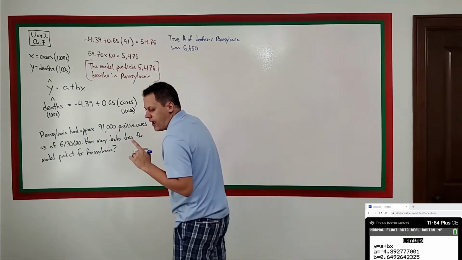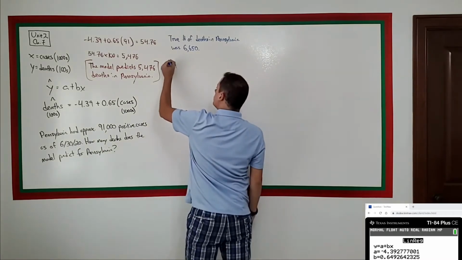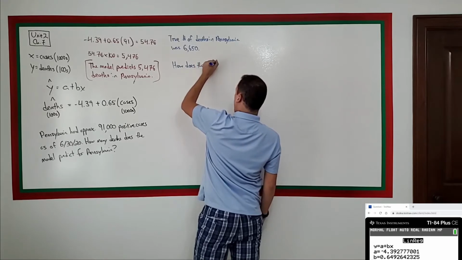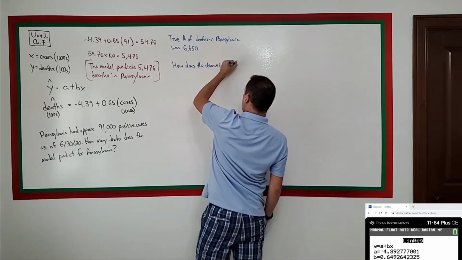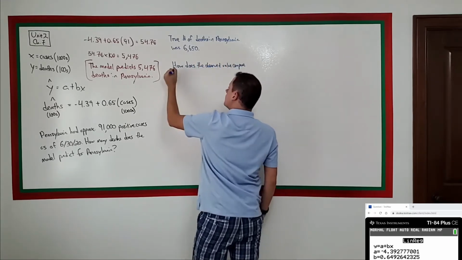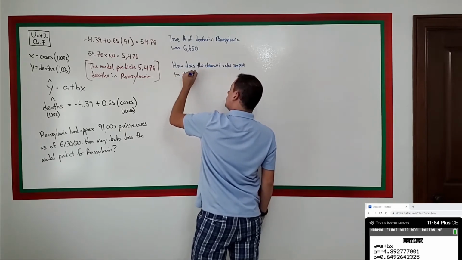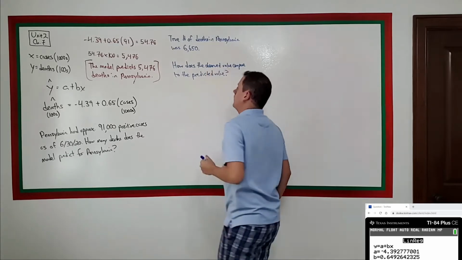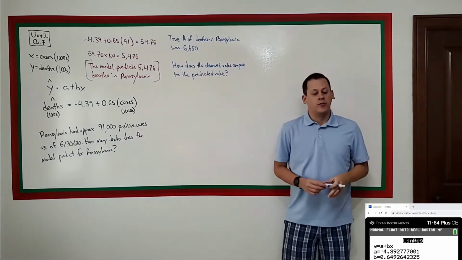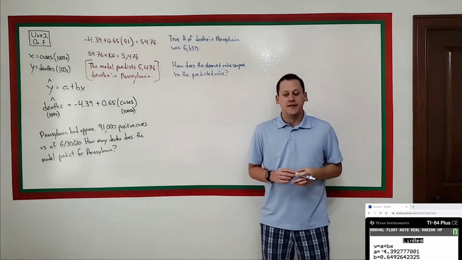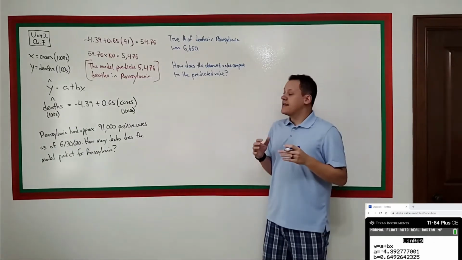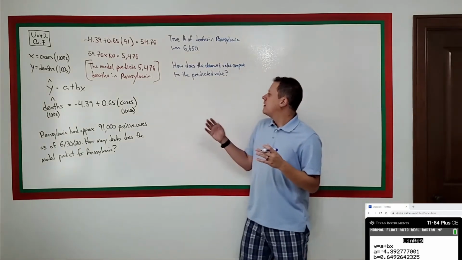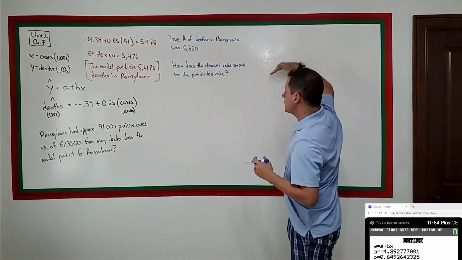So how does the observed value compare to the predicted value? You can think of this as if we have the scatter plot, then the line goes up like this.